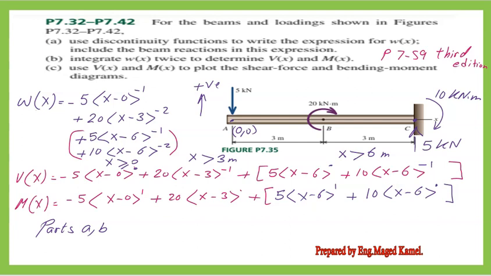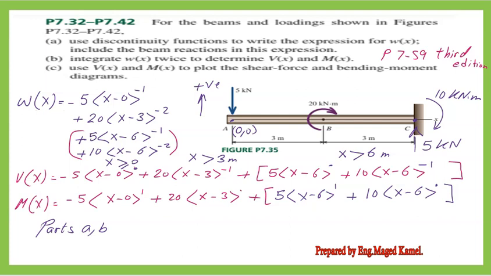W of x equals minus 5 since it is going downwards, multiplied by Macaulay's function expression, x minus 0 raised to the power of minus 1, because we are talking about load intensity. And then after 3 meters, we have clockwise direction. We consider plus 20 multiplied by x minus 3 raised to the power of minus 2.